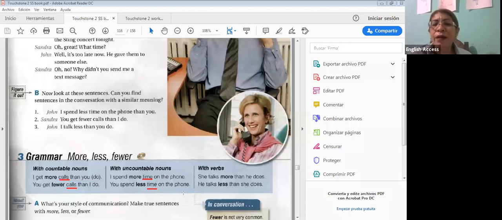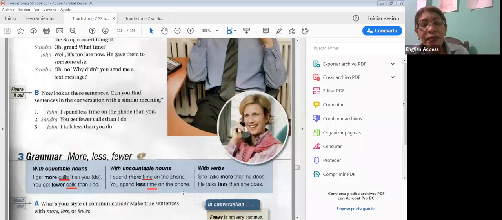So with uncountable nouns, we're going to use the words more or less. It says, I spend more time on the phone, or you spend less time on the phone. So we are talking about time. Time is uncountable. One more time, we're going to use more or less.